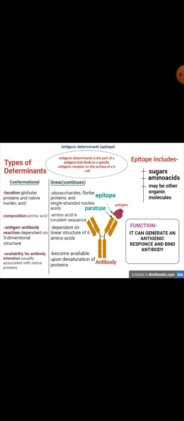It may be a region of 6 to 15 amino acids. Haptens are normally associated with a carrier. A carrier can be a sequence of amino acids which may not have an immunogenic response, but this association, the hapten plus carrier combination, is capable of inducing an immune response. So this is known as the structure of an antigen.